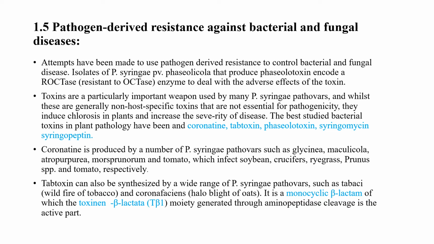Tabtoxin is synthesized by a wide range of Pseudomonas syringae pathovars, such as the wildfire of tobacco, the halo blight disease of oats, and lactate. These are generated through aminopeptidase cleavage of the active part.